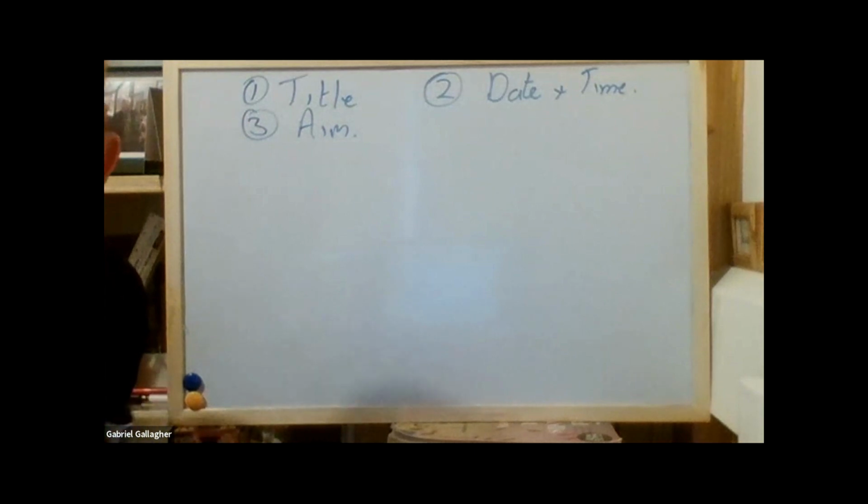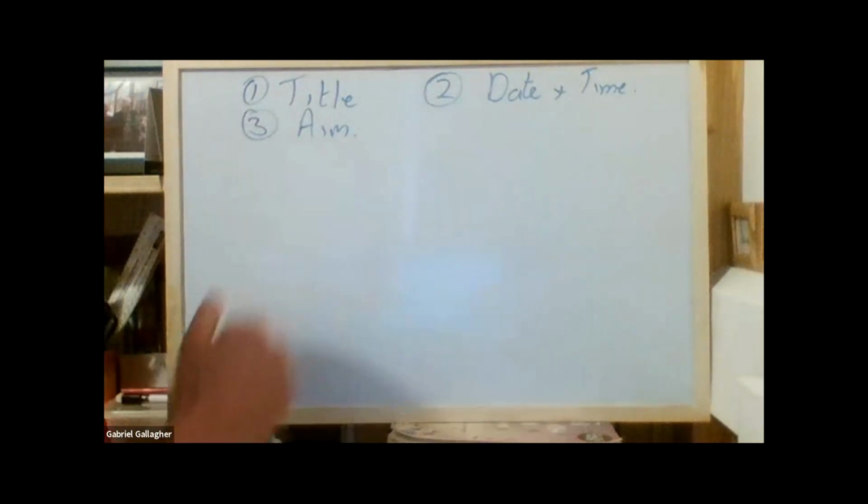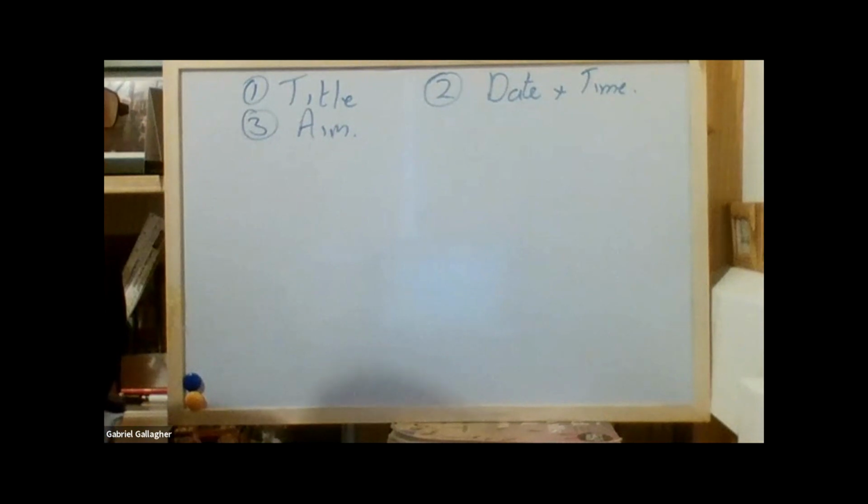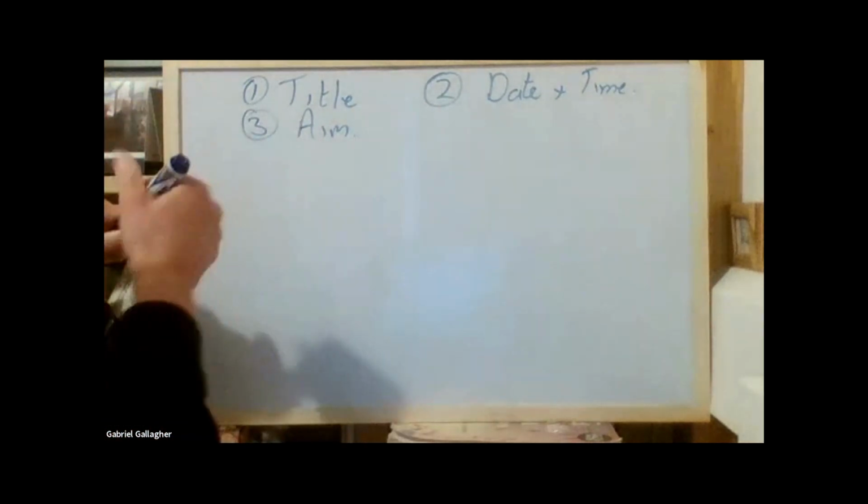Now a lot of you won't know what that phrase even means. But anyway, that's your aim. The aim is to find a value for the acceleration due to gravity. Do not write a paragraph about how you're going to do it. It is just the single thing you're looking for, not how you're going to do it. That's dealt with later. Just what is it that you're trying to find? One sentence.